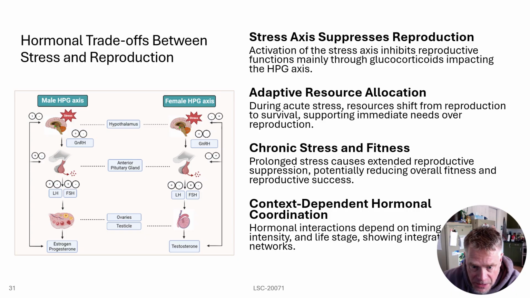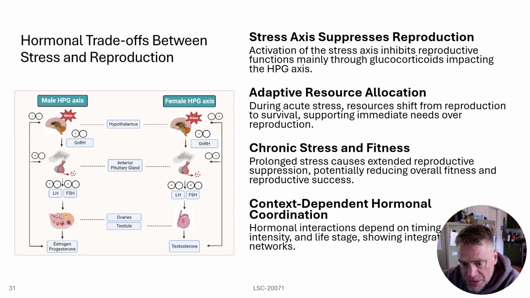So adaptive resource allocation during acute stress: the resources shift from reproduction to survival, supporting immediate stress needs over reproduction. But with chronic stress, that can lead to extended reproductive suppression, potentially leading to reduced overall fitness and reproductive success, because the animal doesn't just need to survive; it needs to reproduce as well.